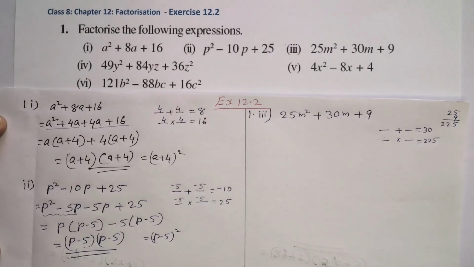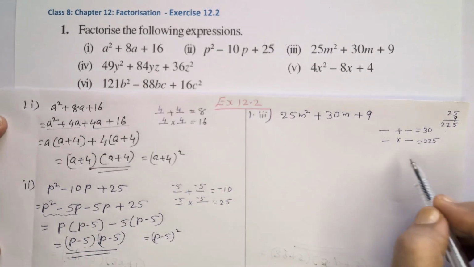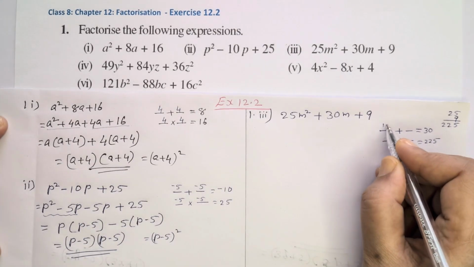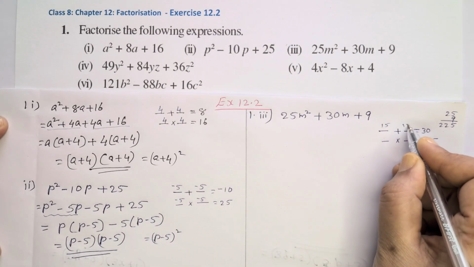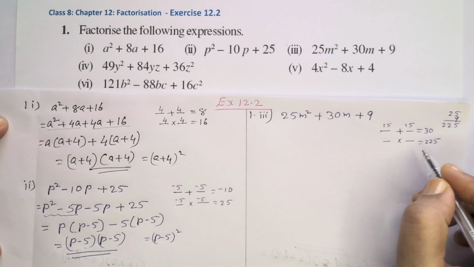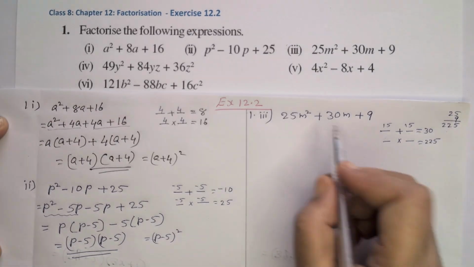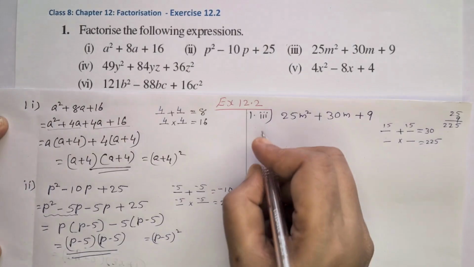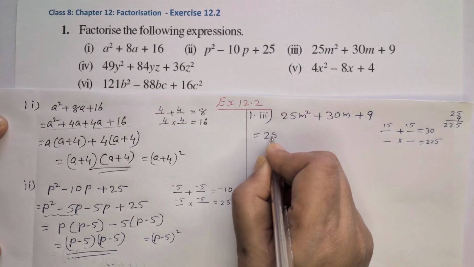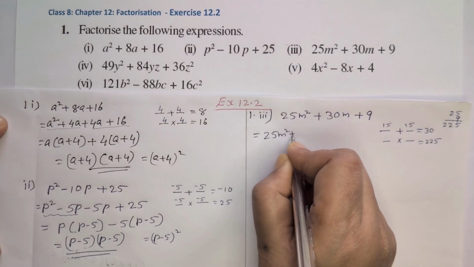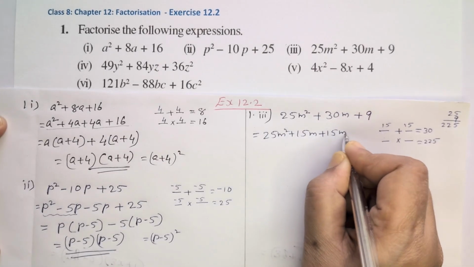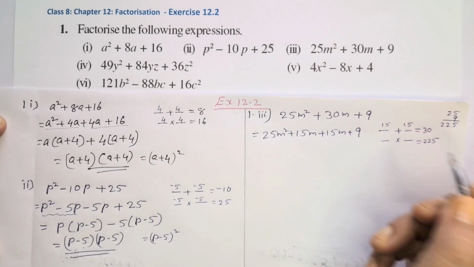So we have to find two numbers such that sum is 30 and product is 225. 15 plus 15, 30, 15 square is 225. So we can split the middle term 30m by 15 plus 15. So which is equal to 25m square plus 15m plus 15m, and the same as that 9.